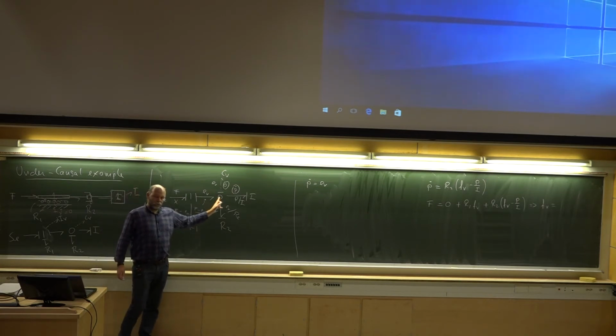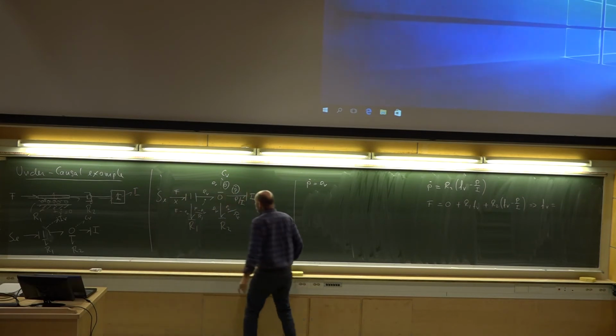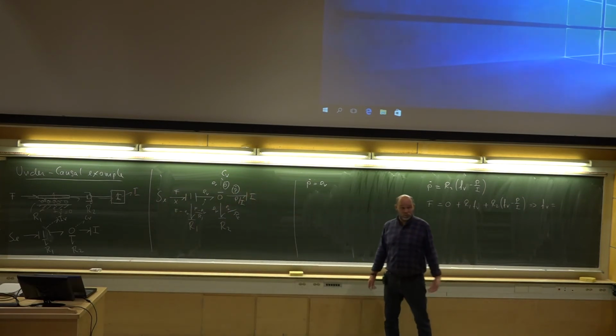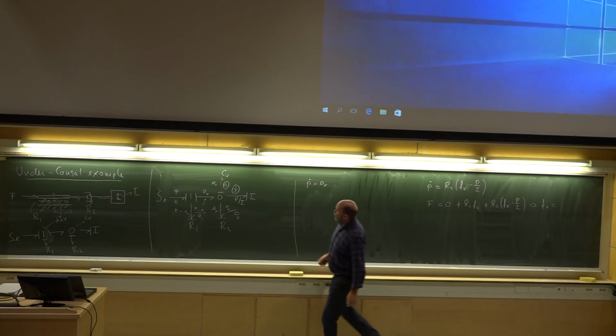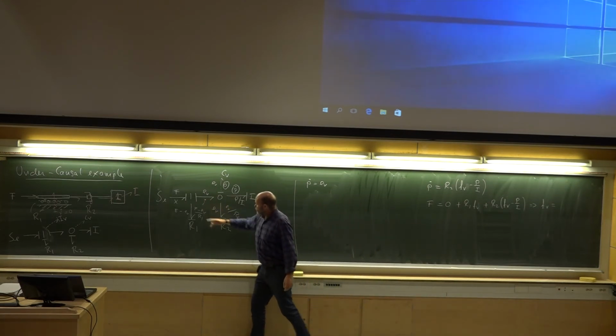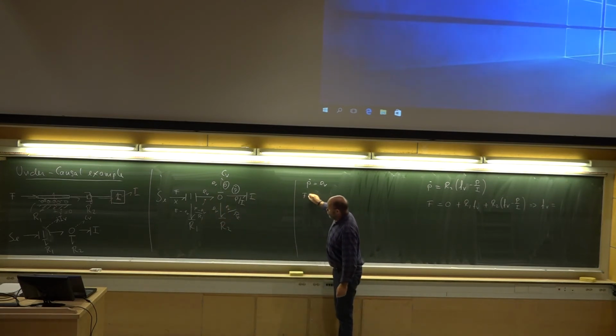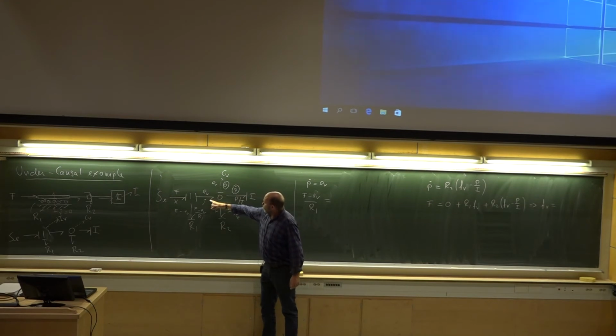So the summation rule around the 0 junction: the sum of all the flows has to sum up to 0. So what comes in, that's F minus E virtual by R1, equals what goes out.